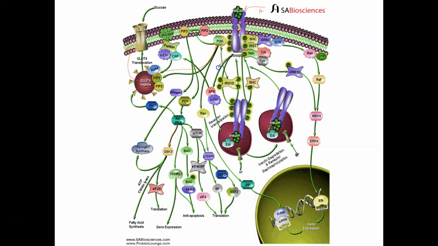But there are lots of other pathways that can be affected. So depending upon what proteins get phosphorylated, you can see that there can be other responses that take place. So for example, the pathway might be to activate the enzyme glycogen synthase. Glycogen synthase is what allows us to produce glycogen from excess glucose. So when you have excess glucose entering into a cell, we're going to activate glycogen synthase so we can produce glycogen within the cell and we can store that excess glucose.